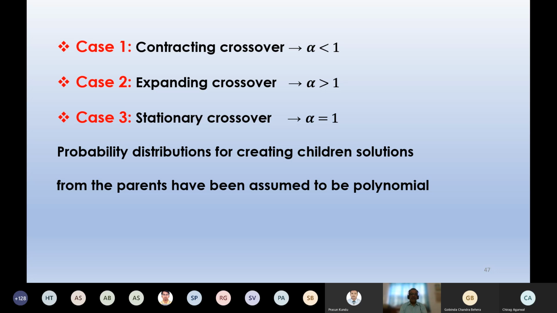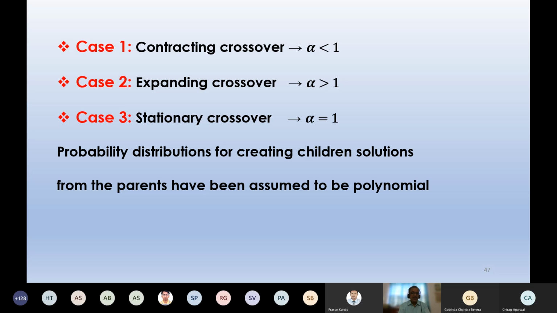That is called the stationary crossover, where alpha is equal to 1, and that means the difference between the two children solutions is exactly equal to the difference between the two parents. So there could be three cases, either contracting crossover or expanding crossover or stationary crossover.